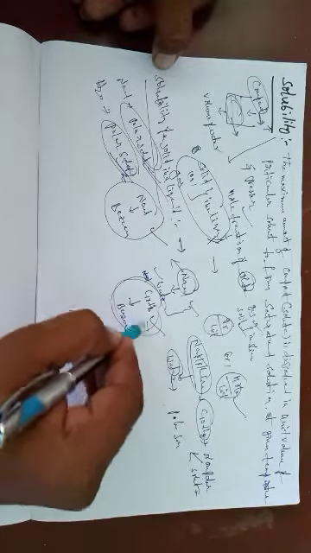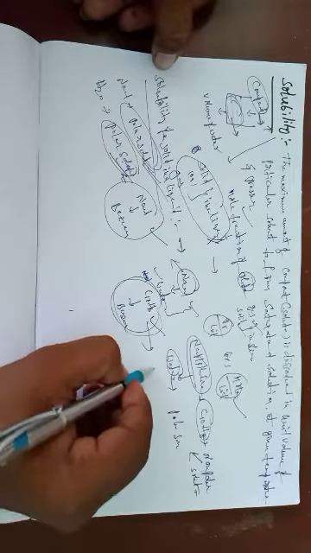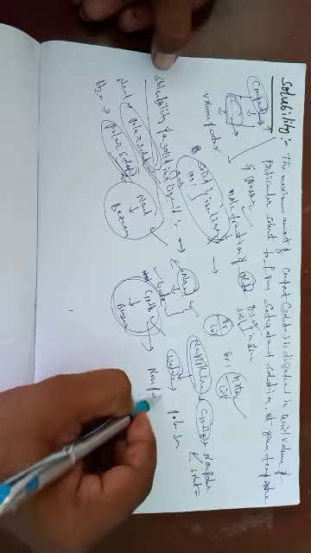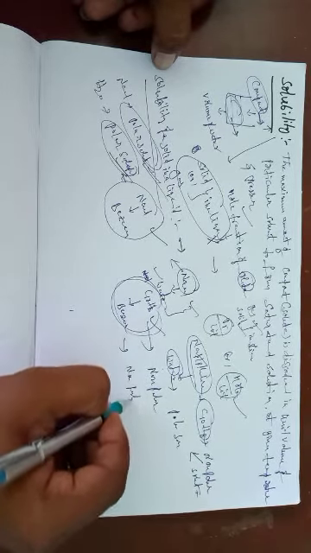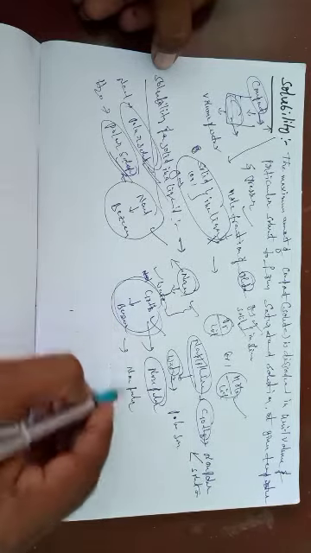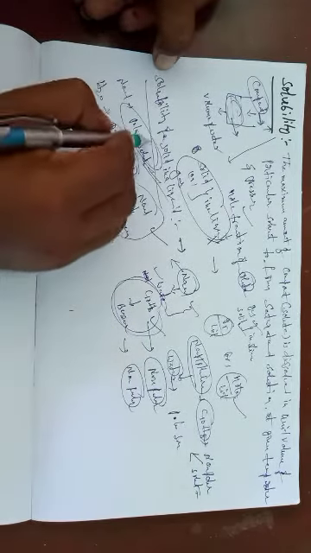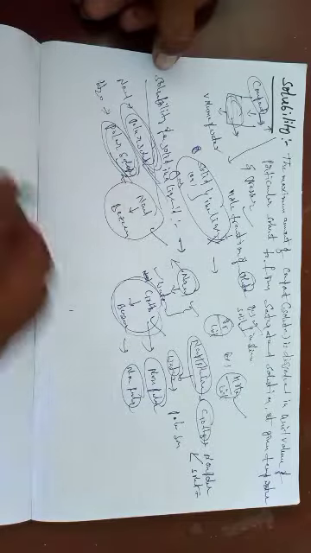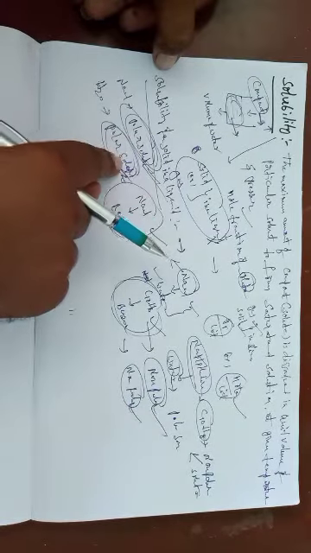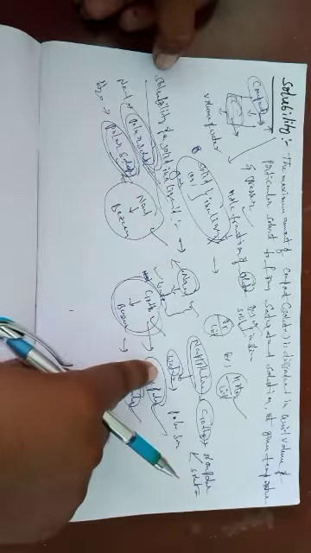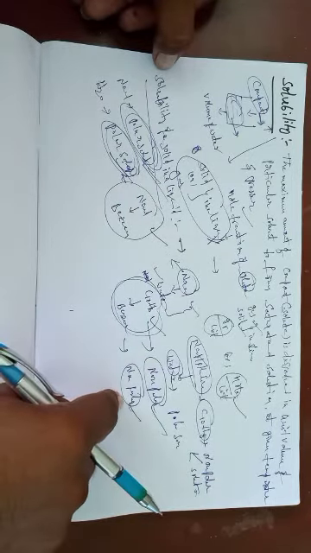Naphthalene is non-polar. Benzene is also non-polar. Non-polar is dissolved in the non-polar. Polar is dissolved in the polar. So the polar solute is dissolved in polar solvent. Non-polar solute is dissolved in non-polar solvent.